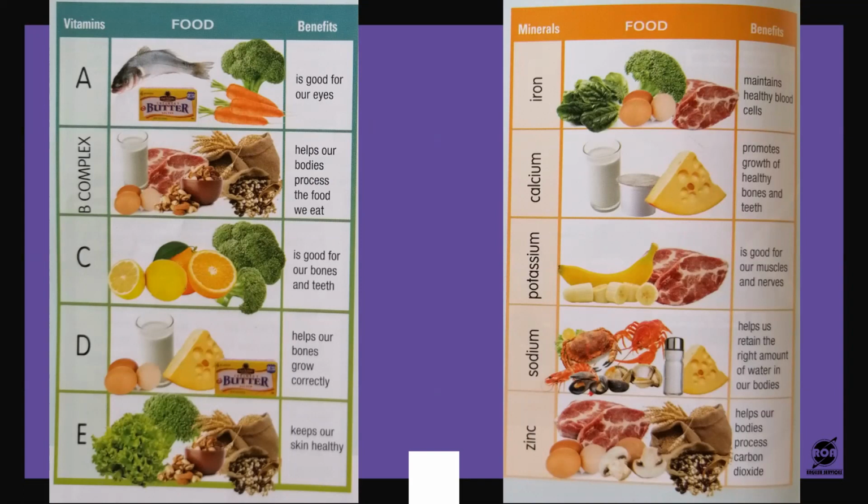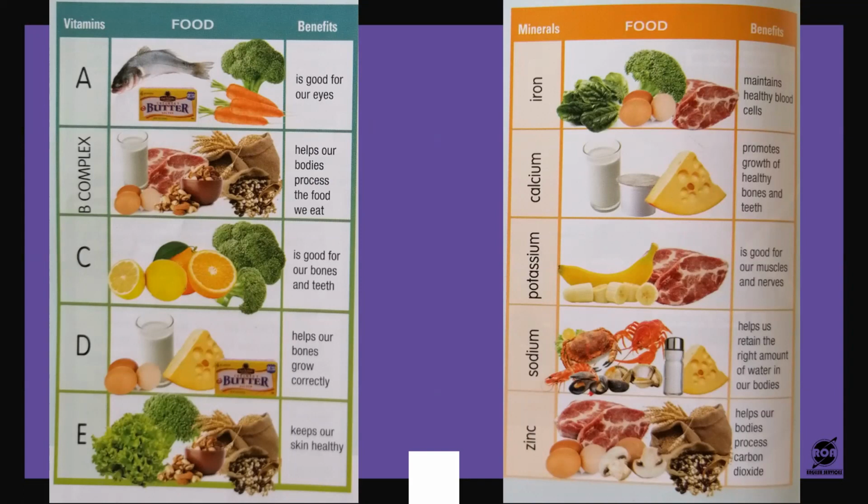Then if we move on to the minerals, we have iron. Iron comes in broccoli, spinach, eggs, and meat, and this maintains healthy blood cells. Then we have calcium.